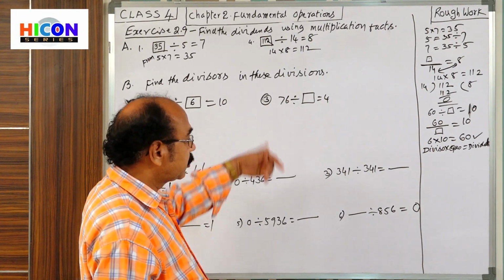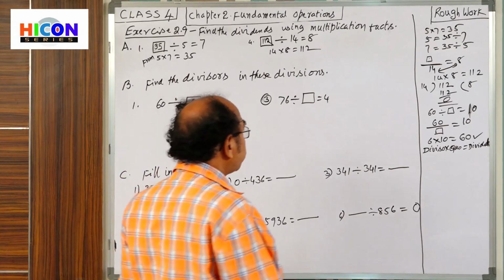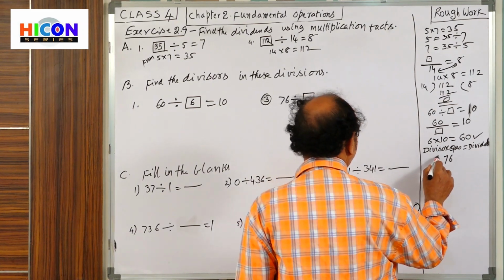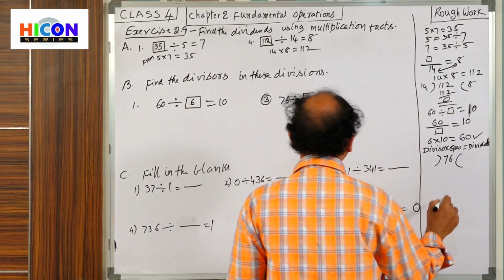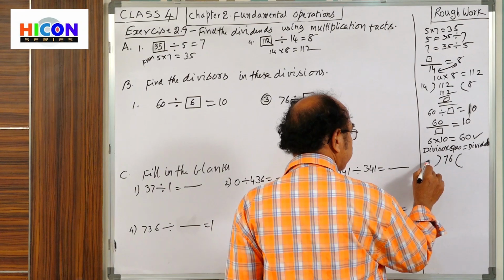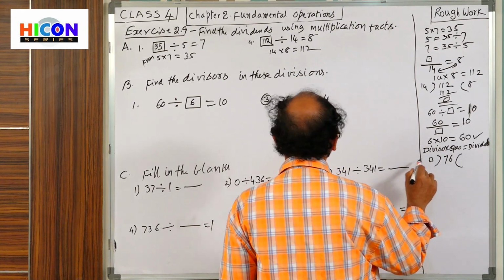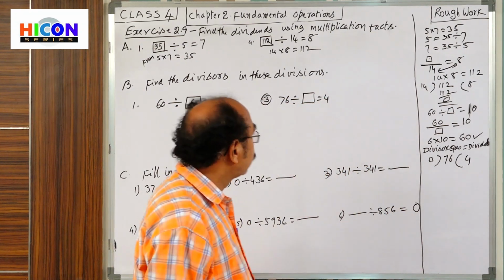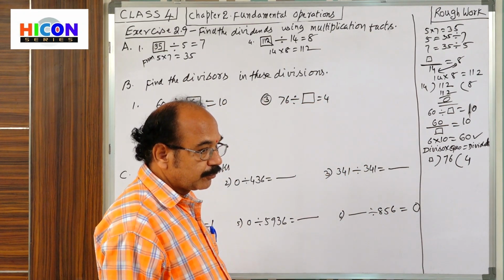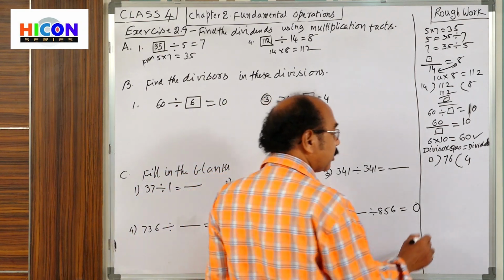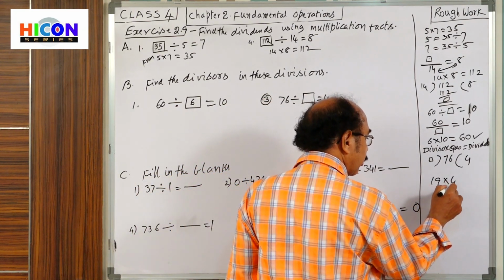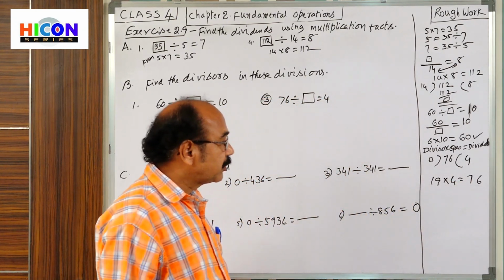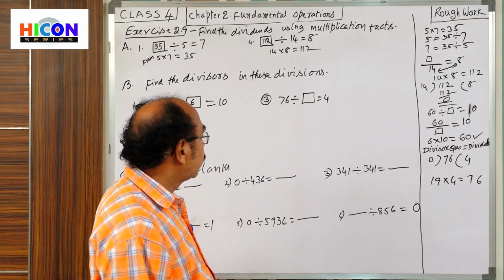Okay, now you see this: 76 divided by blank to get 4. You know, 19 fours are how much? 76. 19 fours are 76.